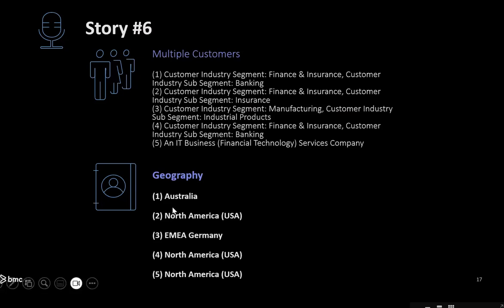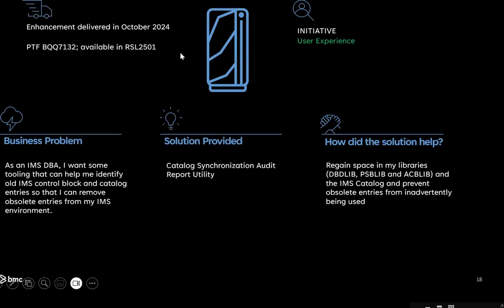So these numbers are mapped, right? So for example, customer number 1, the geography is Australia. Customer number 2, the geography is North America, USA. Customer number 3, EMEA, Germany. So it's a one-on-one mapping. So you can read through it at your leisure time.